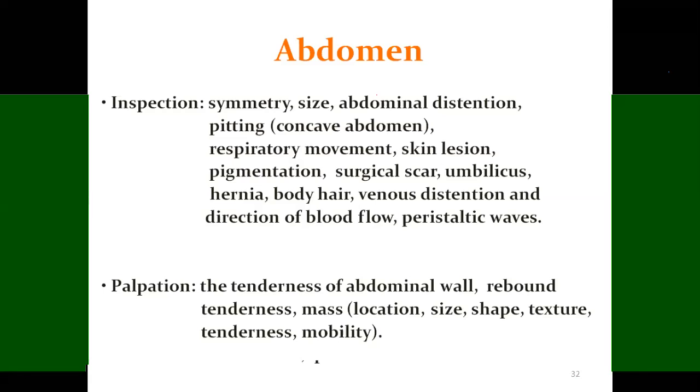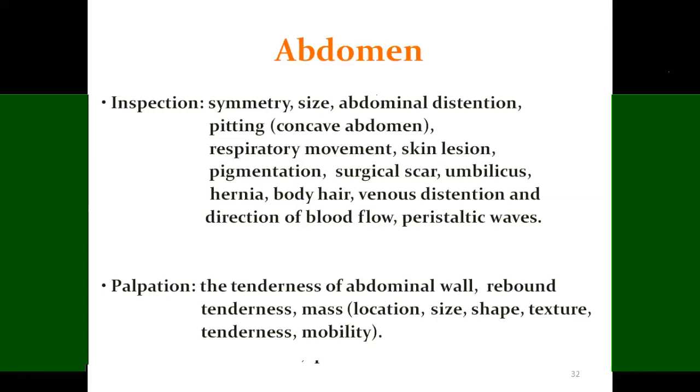Skin lesions, pigmentation, surgical scars on the abdomen, umbilicus, like hernias, body hairs, venous distension and direction of blood flow, peristaltic waves. All these things you have to write in the history record for the abdominal area.